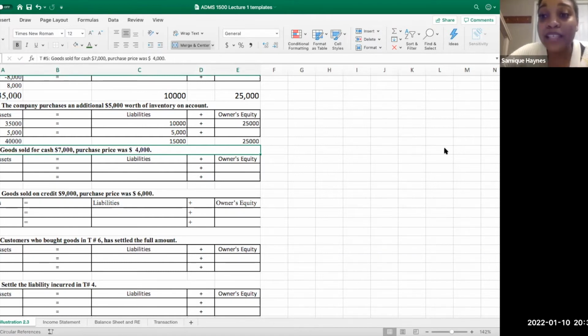Yes, if something is bought on account, liabilities is always going to increase. That's correct. Yes, on account means on credit, something we owe. Perfect. That's exactly what that means.